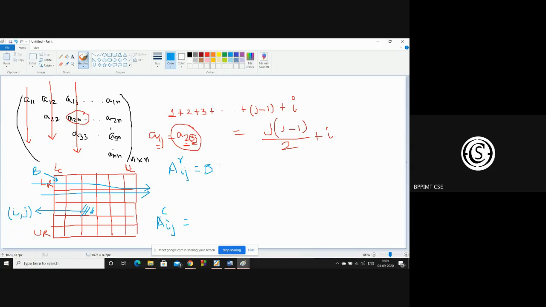So b plus, at position I, I minus LR. LR is the lower bound of the row. So I minus LR.